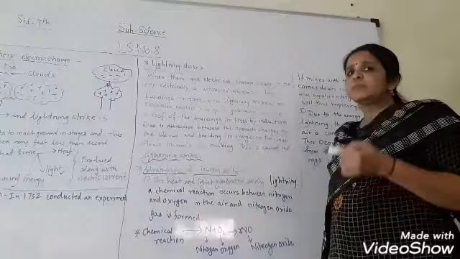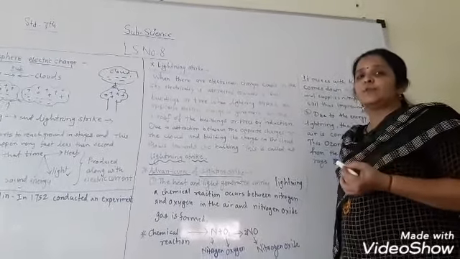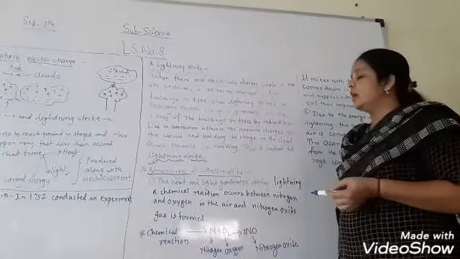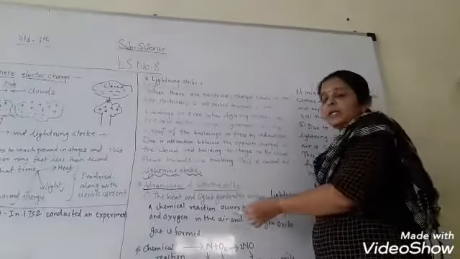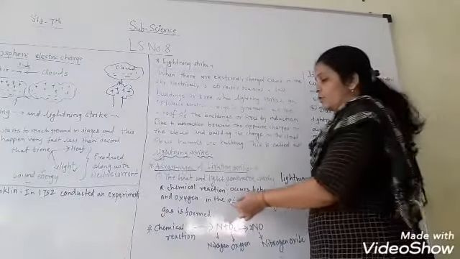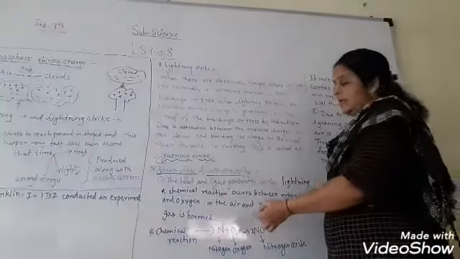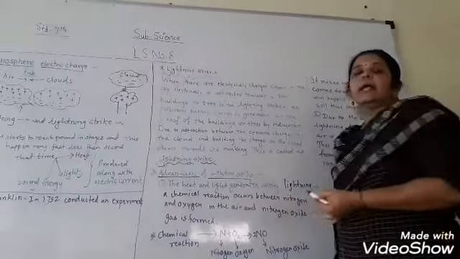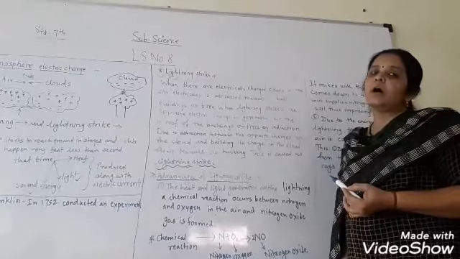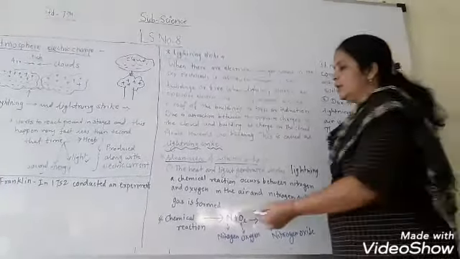As you know, in the atmosphere various types of gases are present. Air is a mixture of gases, and from that, nitrogen gas and oxygen gas are there. What will happen in between them? A chemical reaction takes place, and nitrogen gas starts to react with the oxygen, and nitrogen oxide gets produced.